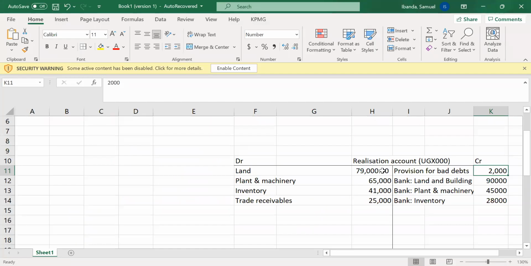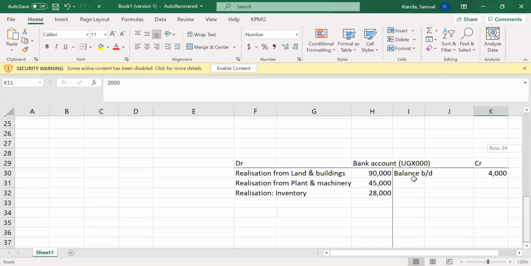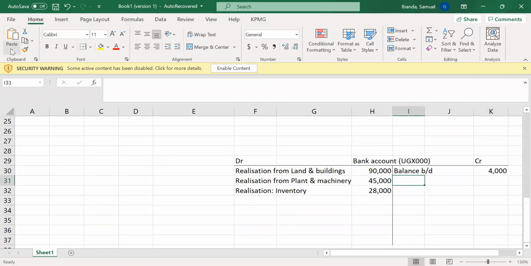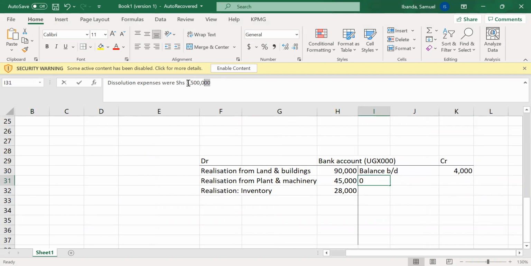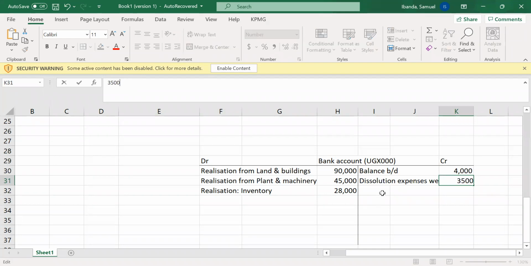Now, the double entry for the dissolution expenses, you know, it's an expense itself, but we are paying this money. So because we are paying this money, we credit our bank. Basically, our bank will be credited with this 3.5, which we shall say 3,500.